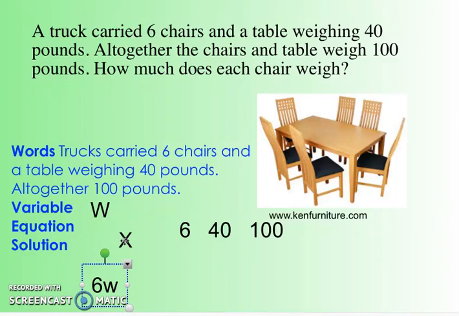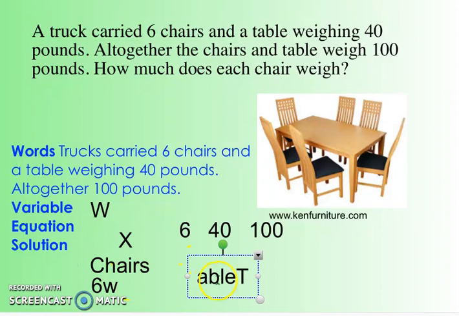Then we have a table that weighs 40 pounds. Well, here's a clue, this word altogether. What do I need with the chairs, the weight of the chairs, then the weight of the table? What do I do with those 2 weights? Yes, I add them together.